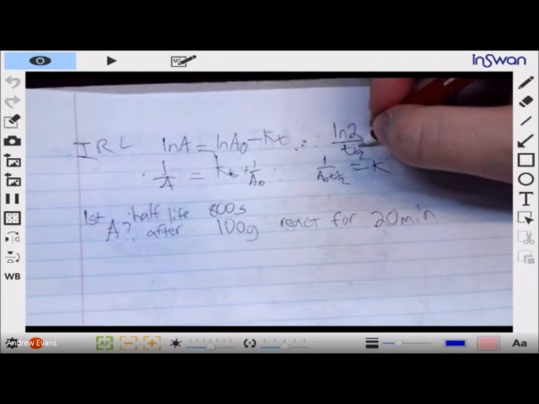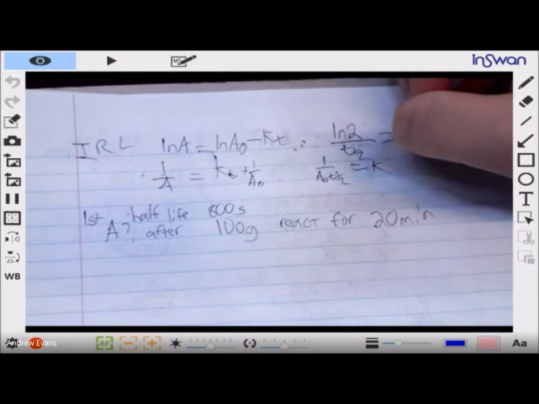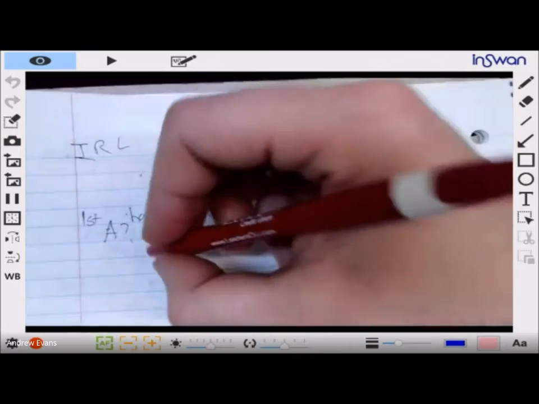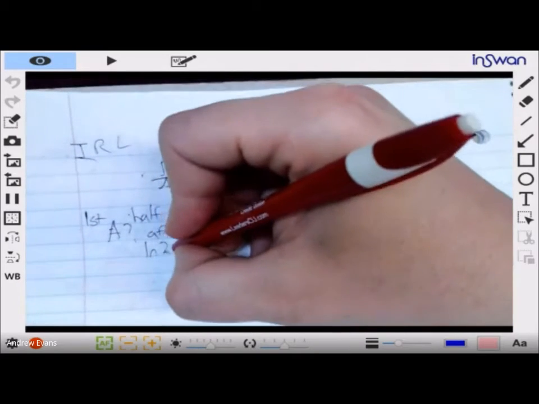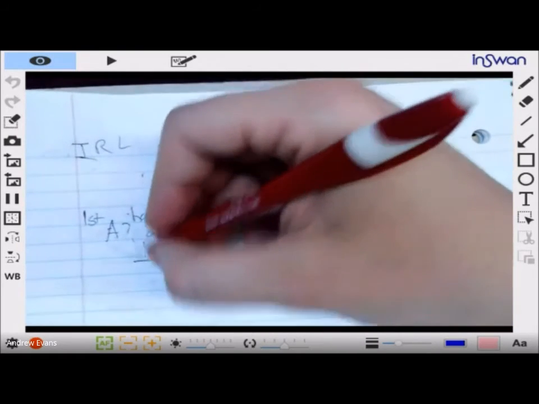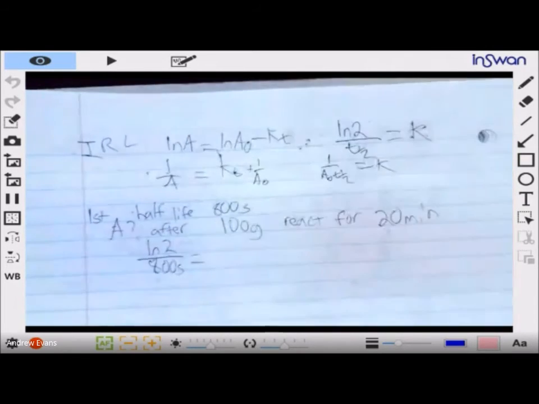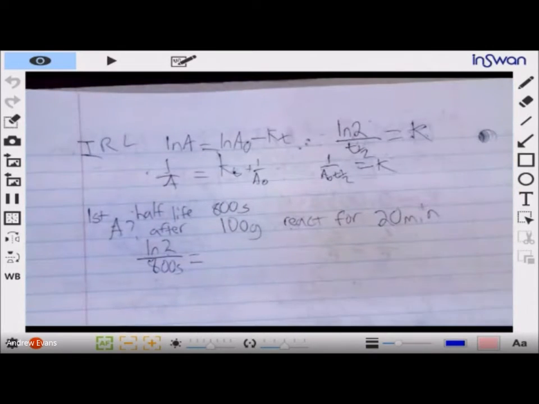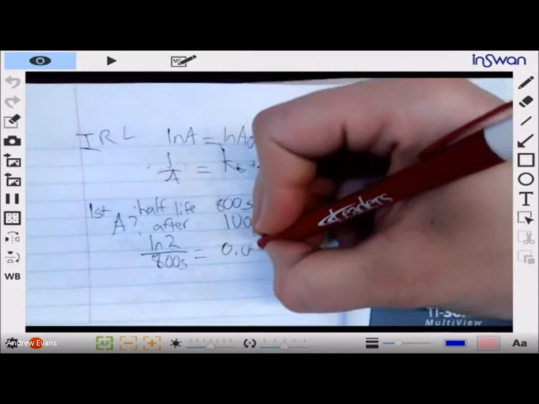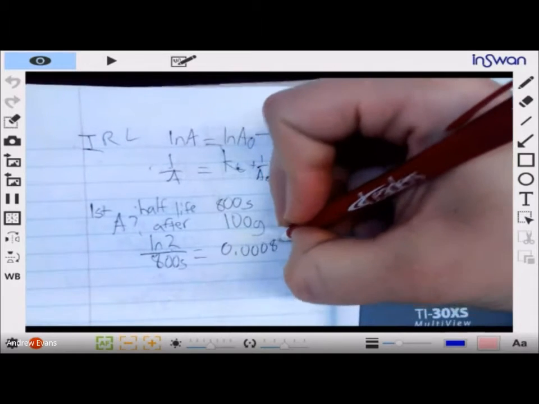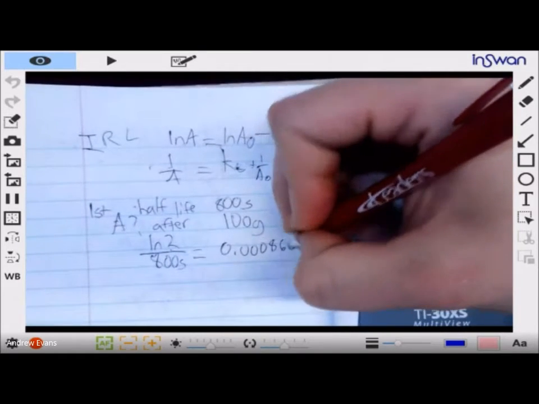In this case, I'm not giving you the k. You have to find the k with the half-life. You say, well, ln2 over 800 seconds would give us our k. ln2 divided by 800 would be a k of 0.000866434.